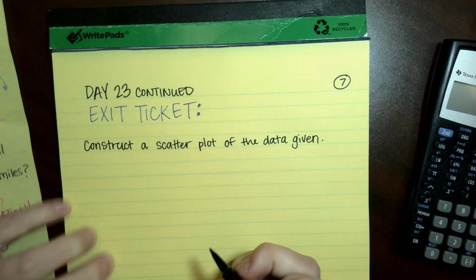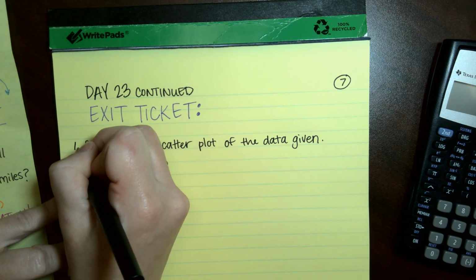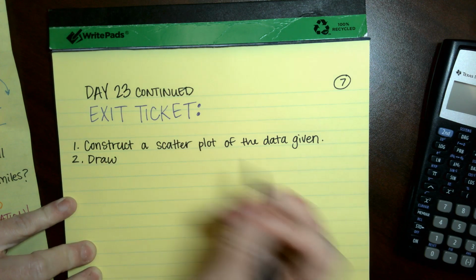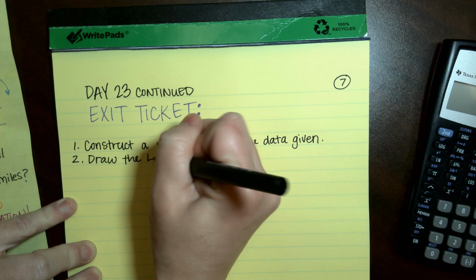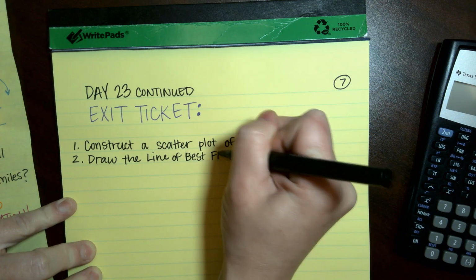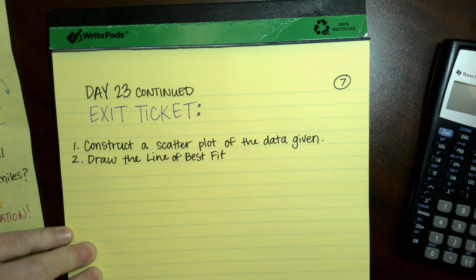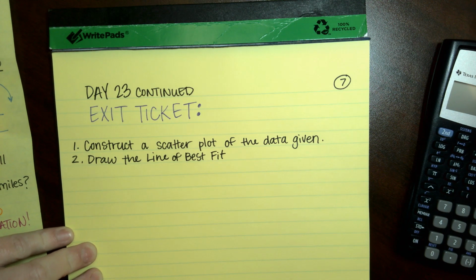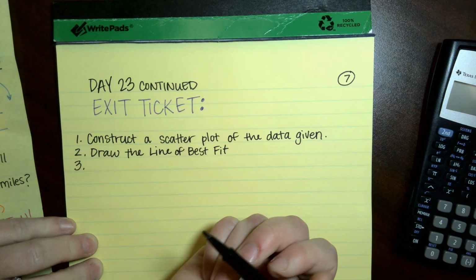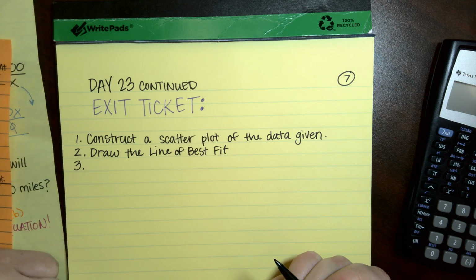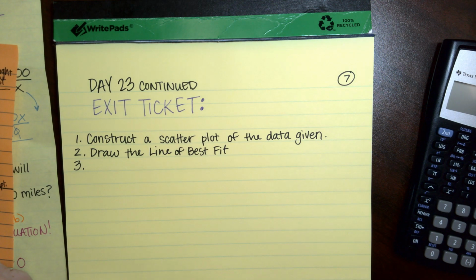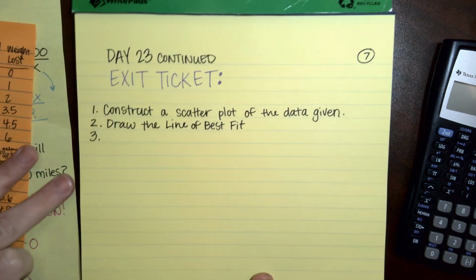After you make the scatter plot, draw the line of best fit. At least your estimate of that line. It's not going to be exact. And then I want you to see what conclusions you can draw from this data.